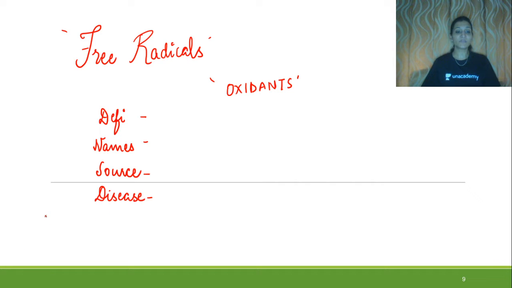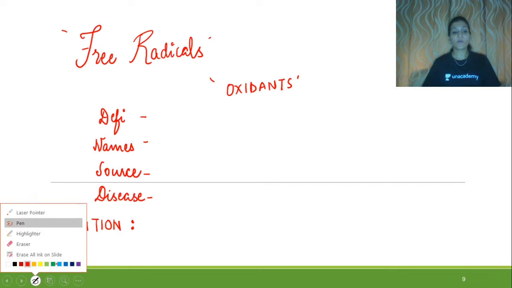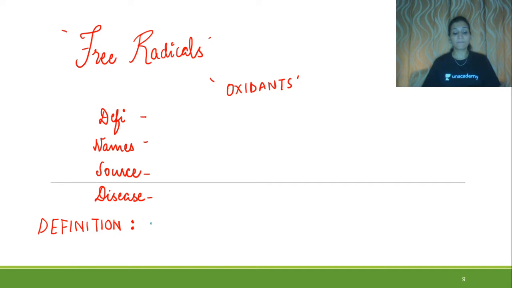Now coming to the first point, that is, what is the definition. So how will we define these free radicals? What are free radicals? Free radicals are those molecules and fragments which contain one or more unpaired electrons. So how are we actually going to write it?